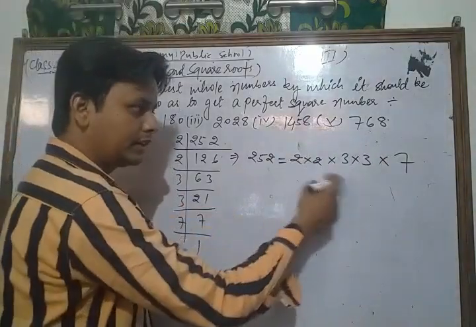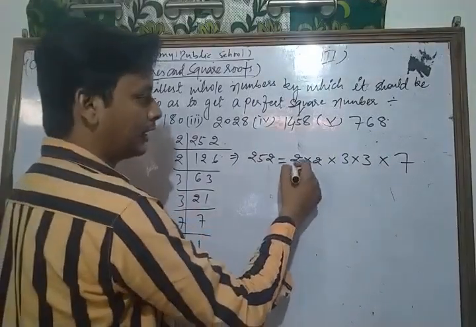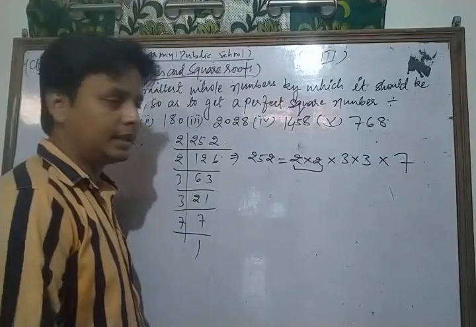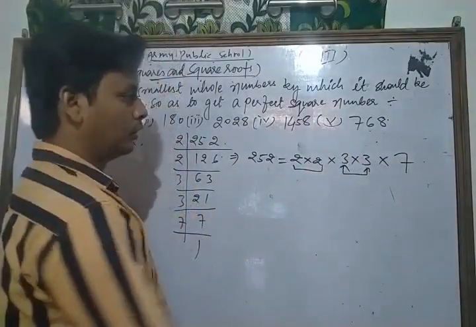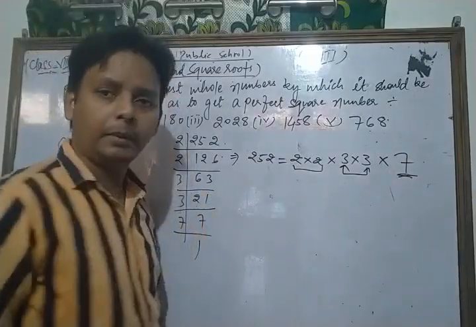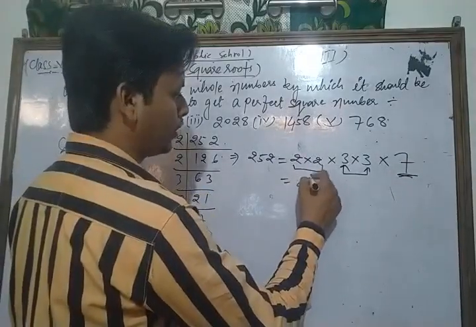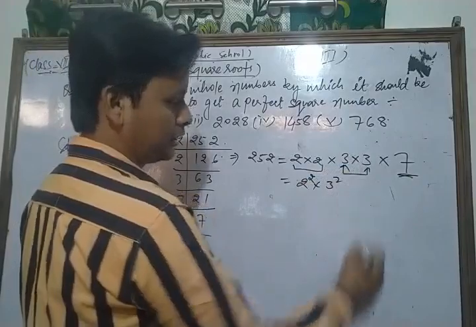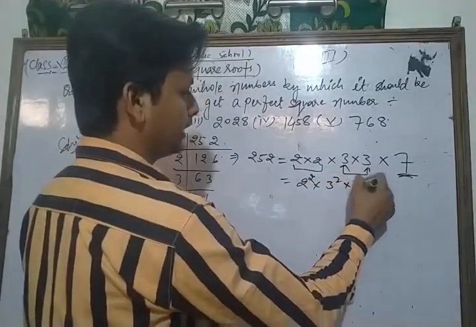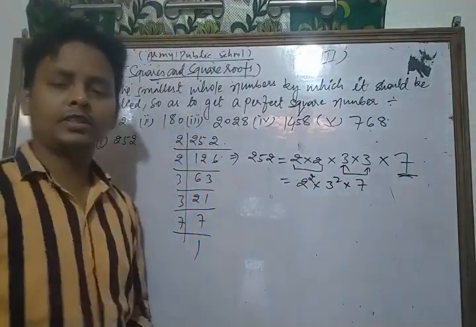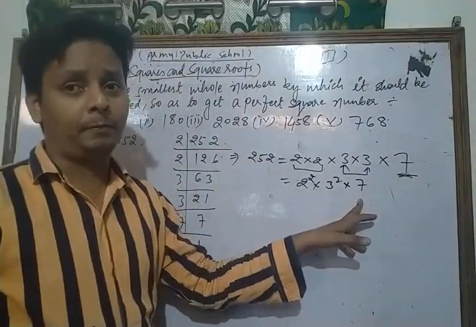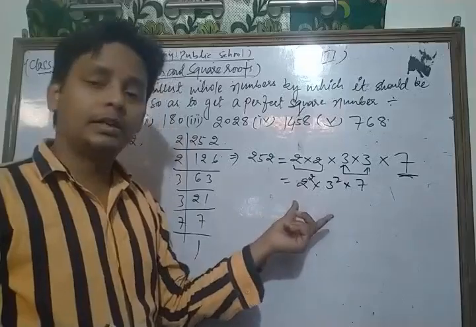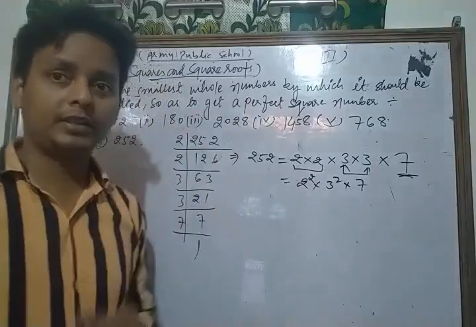So observing the factors, we get 2 is in pair, 3 is also in pair, but 7 is not in pair. So we can write 2 as 2 square, 3 as 3 square, and 7 simply as 7. So it is clear that we must multiply by 7 to get the required number as a perfect square number.